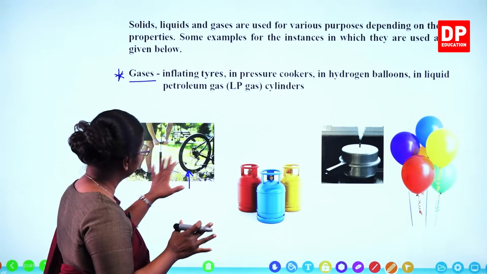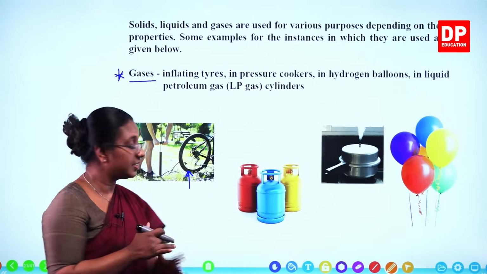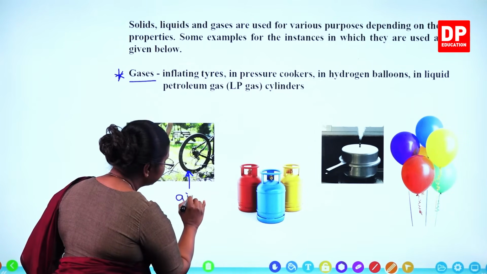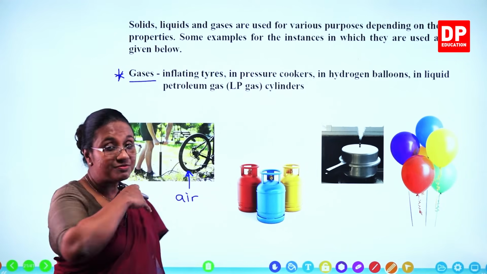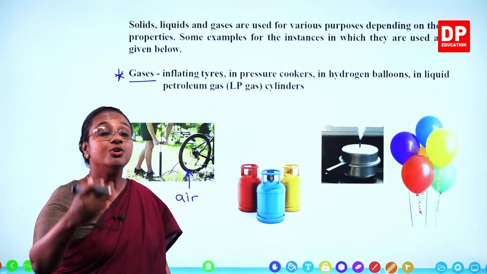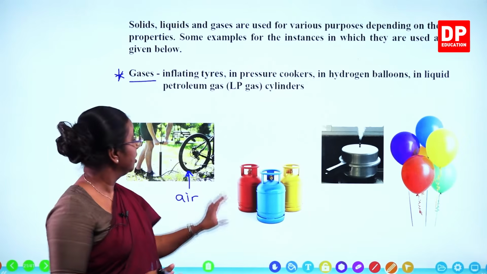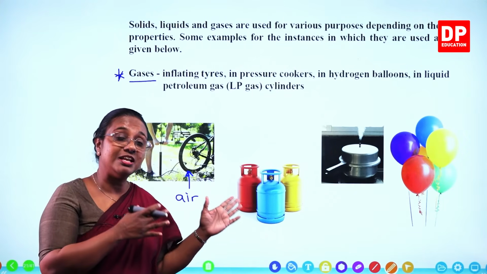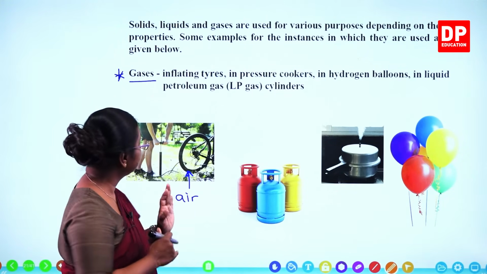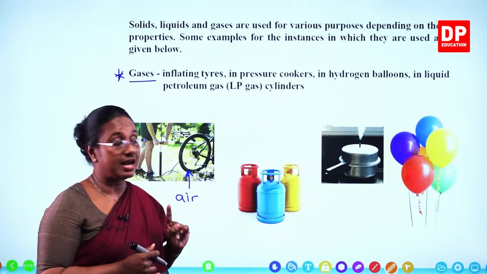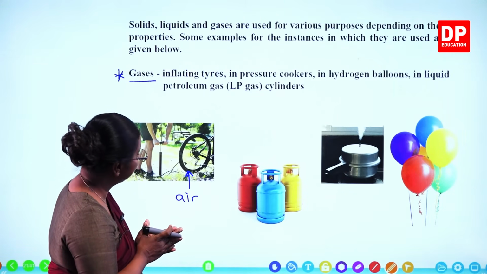It's not inflated. You can see the shape of the tire. So this air gives the shape and gives the ability for the tire to rotate in that particular manner. Not only in bicycles, even in other vehicles also, there is air inside the tire. So that is one application.